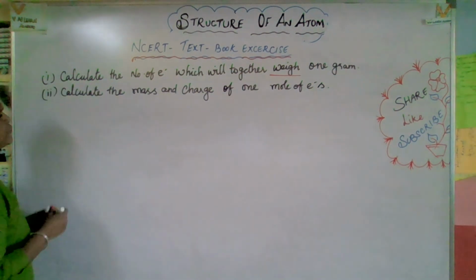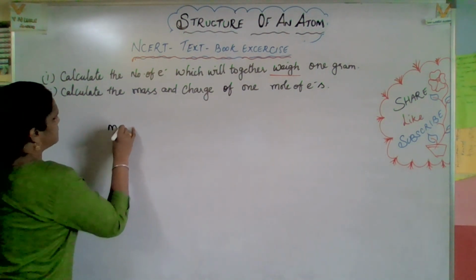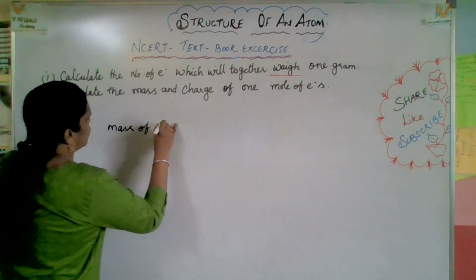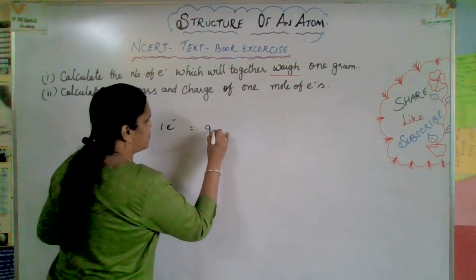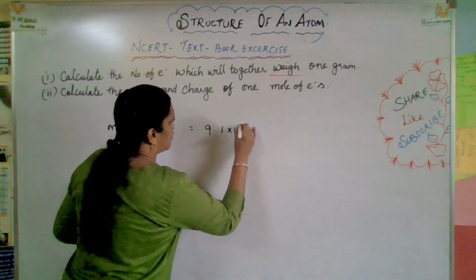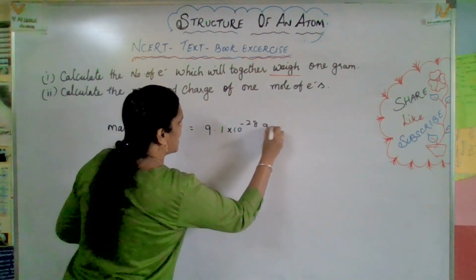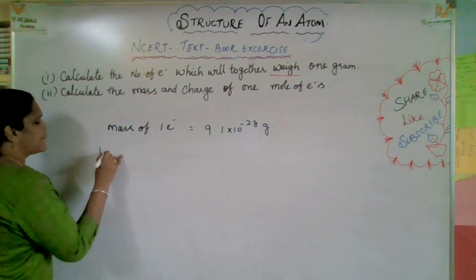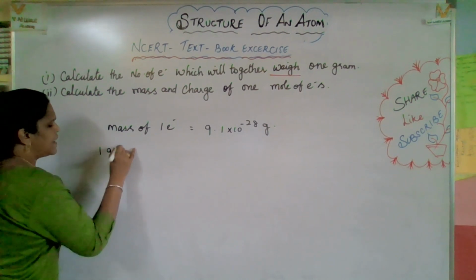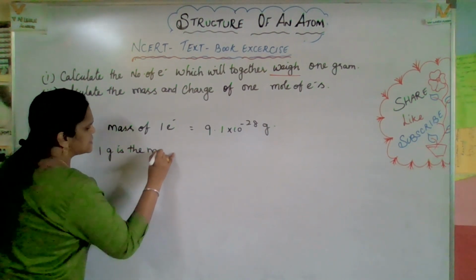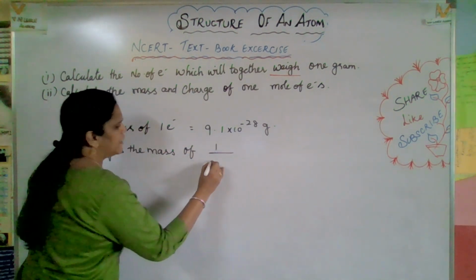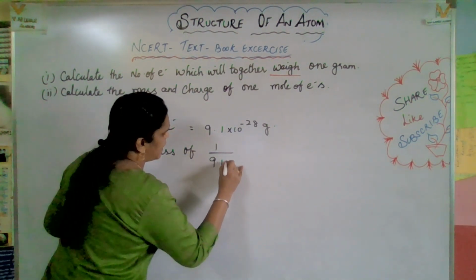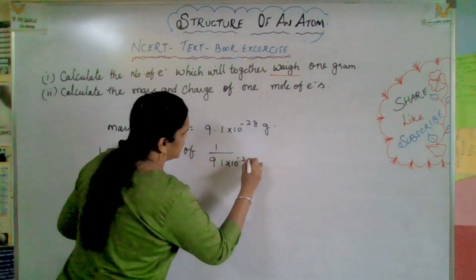So let us find out the mass of 1 electron. You know very well, the mass of 1 electron is 9.1 into 10 to the power of minus 28 gram. So 1 gram is 1 by 9.1 into 10 to the power of minus 28.